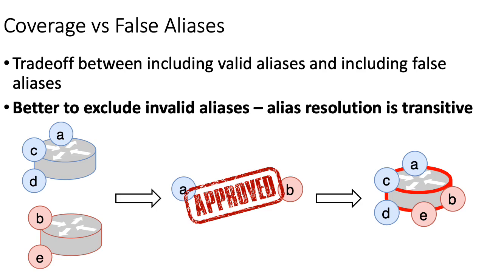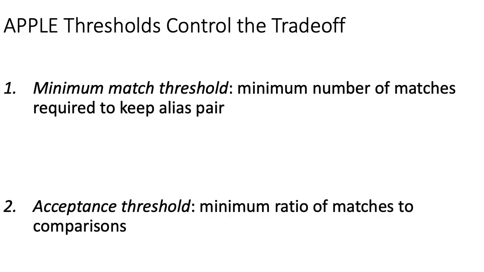I have these two pre-existing router groupings, and I mistakenly keep the alias pair with addresses A and B. This then leads me to collapse the two router groups into one, and turn a single incorrect alias pair into 6 invalid alias pairs. So in Apple, I parameterized it with two different thresholds that control the trade-off I just mentioned.